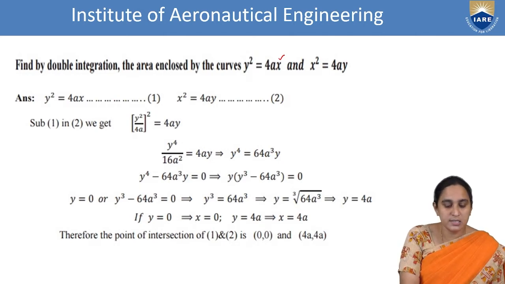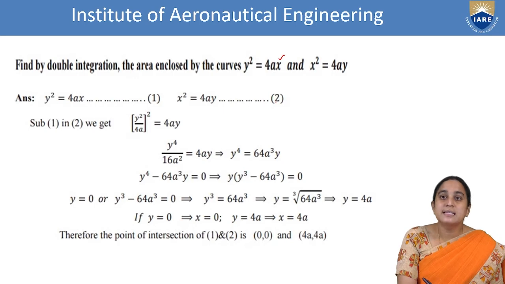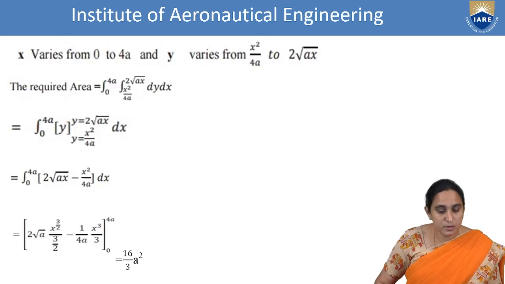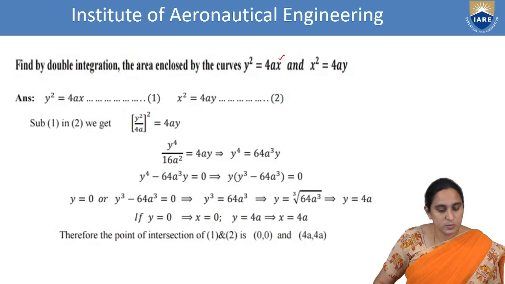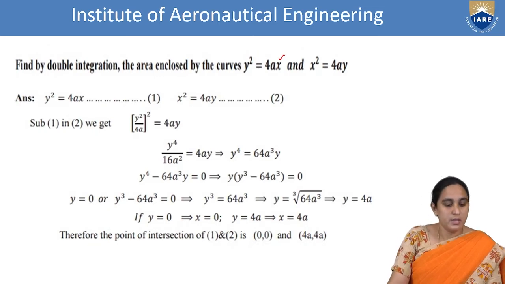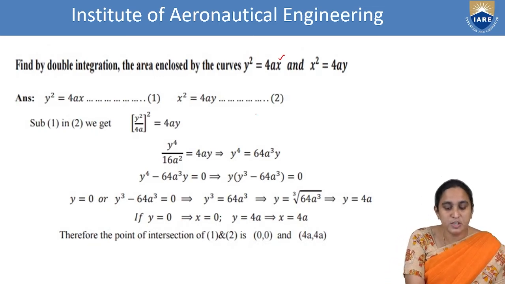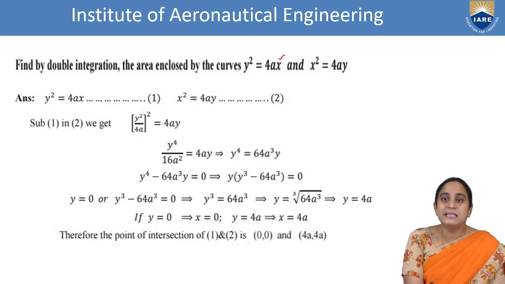Let us take the first equation as y square is equal to 4ax and the second equation as x square is equal to 4ay. From the two equations, first I'll find out the intersecting points of the two parabolas.